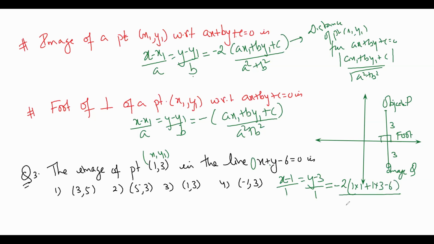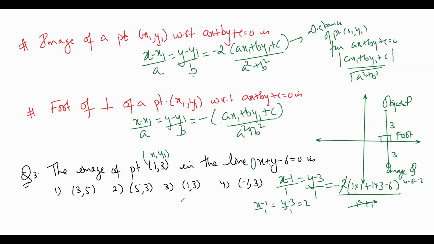Upon a square plus b square, that is 1 square plus 1 square. Sorry, we don't have to write root here. Okay, so this comes out to be 2, which gets cancelled out with this. And what is here? This is 1 plus 3, that is 4. 4 minus 6 is minus 2, but I have a minus sign before this. So this comes out to be plus 2.